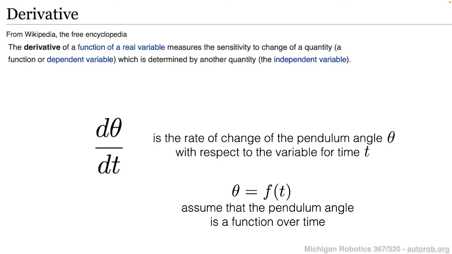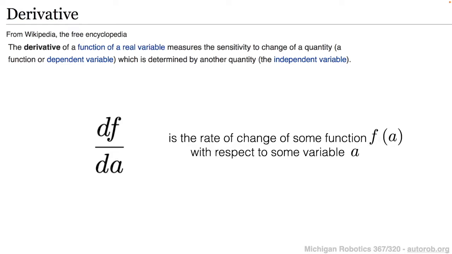While this is the implicit assumption made about our pendulum angle, this notion of a derivative is a more general concept within calculus, and so we could really consider a derivative for any function f with respect to some variable which we could call a.